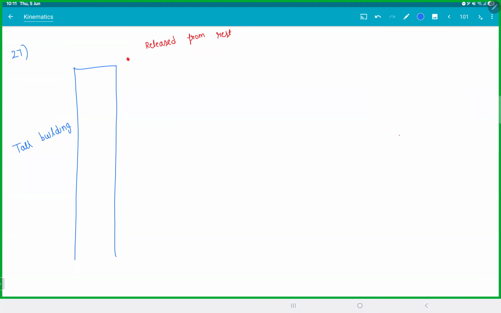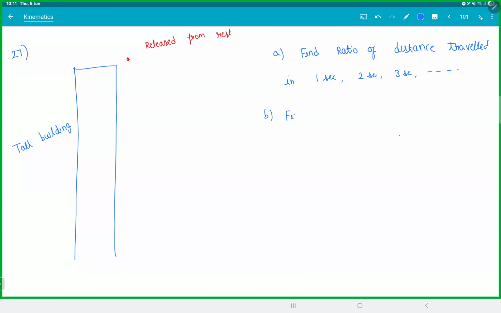The first question: find the ratio of distance traveled in 1 second, in 2 seconds, in 3 seconds, and so on.